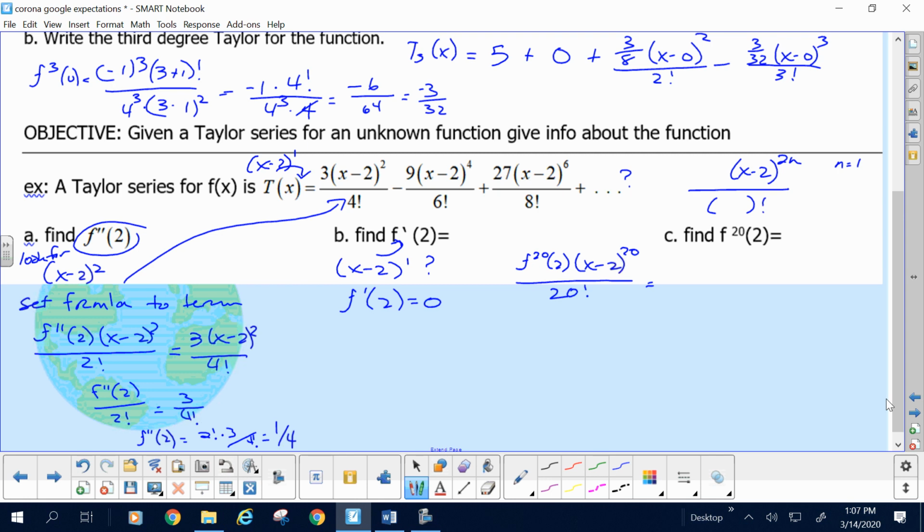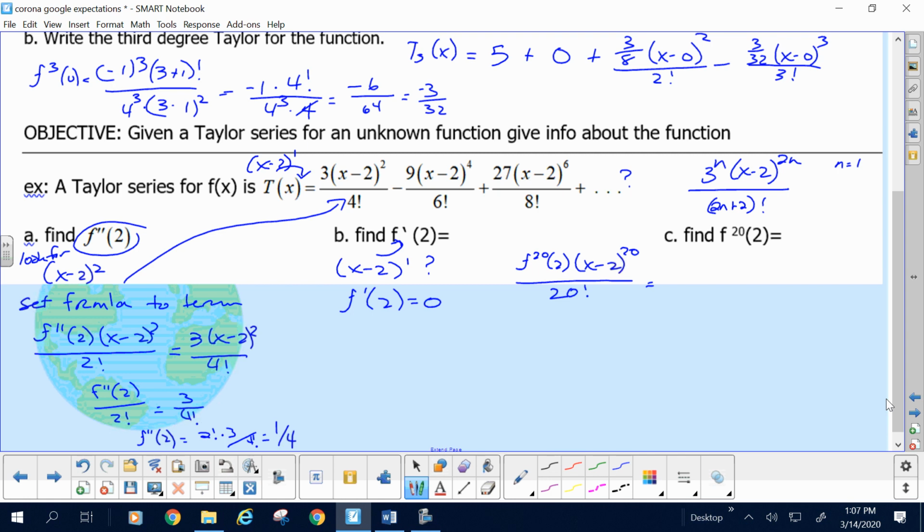The denominator factorial looks like it's 2 more than the exponent, but also even, so it's going to be like the exponent but plus 2. And I think that works. Starting with n equal 1, I would get a 4 factorial. That works. All right. Then let's go to the 3, 9, 27. That seems like it's 3 to some power. And it looks like starting at 3 to the first, and then 3 to the second, and 3 to the third. So that seems like it's just 3 to the n.